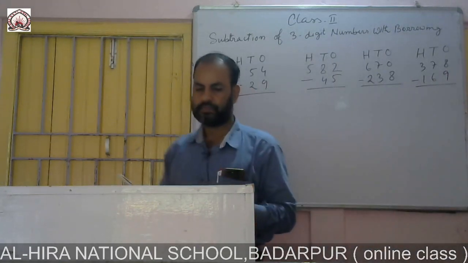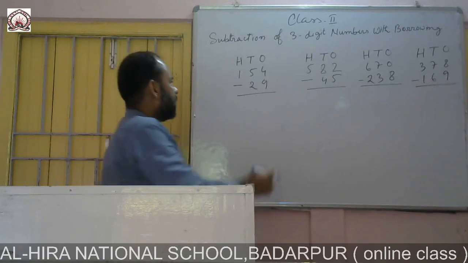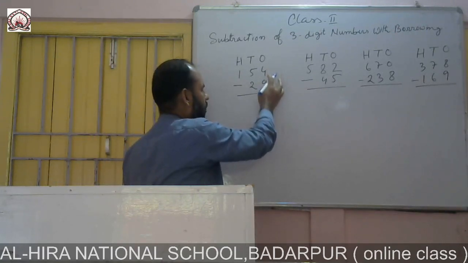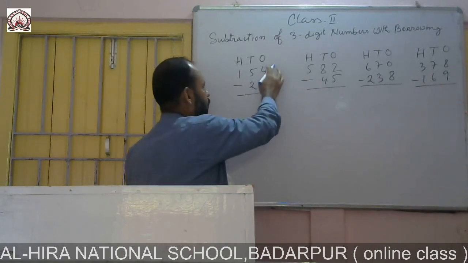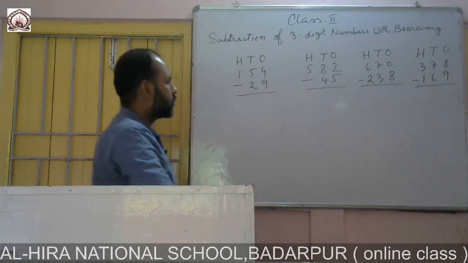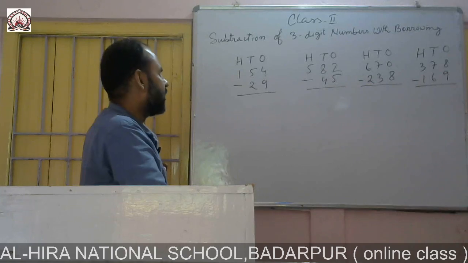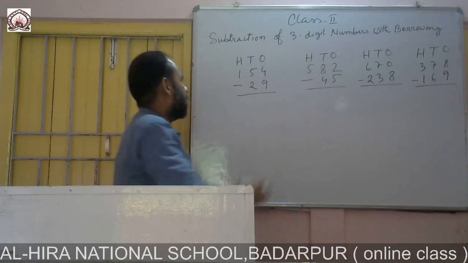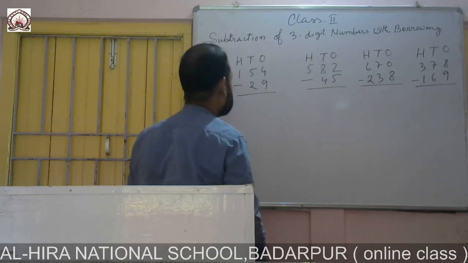So here, 4 minus 9. 9 is greater than 4, so we cannot subtract 9 from 4. So we take what?